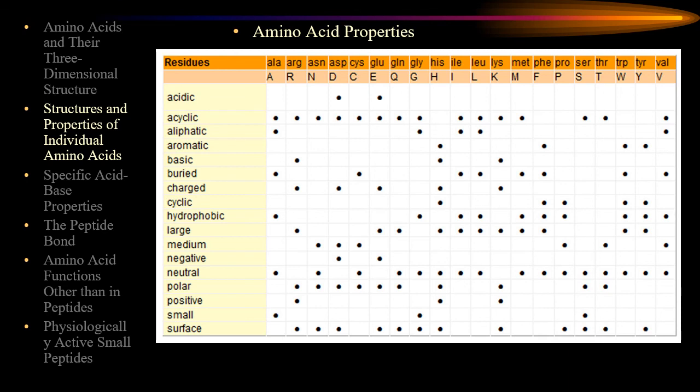Is it small? Is it large? And then surface. The distinction here is whether that amino acid residue will be buried or found on the surface of a protein. Please do not worry too much about this. This will make better sense when we are already studying the structures of proteins.